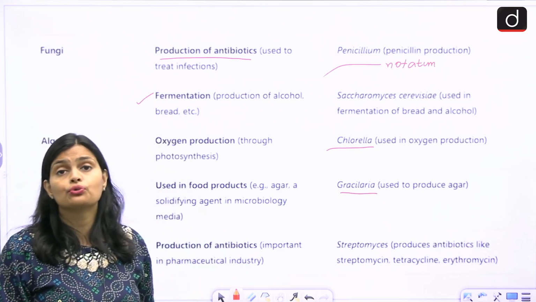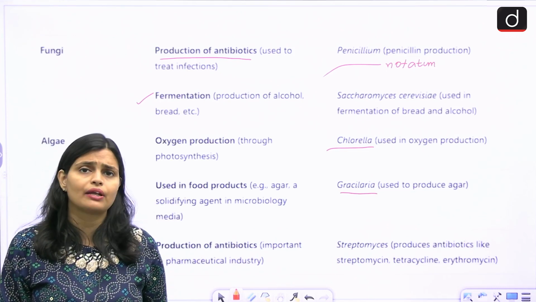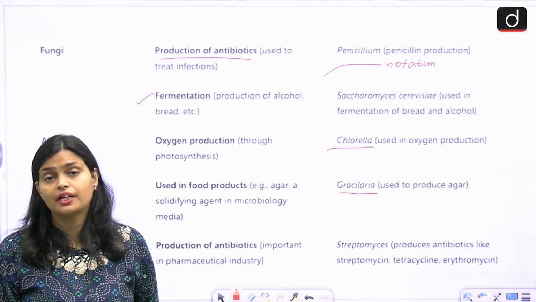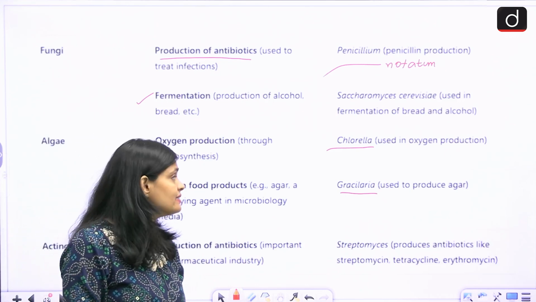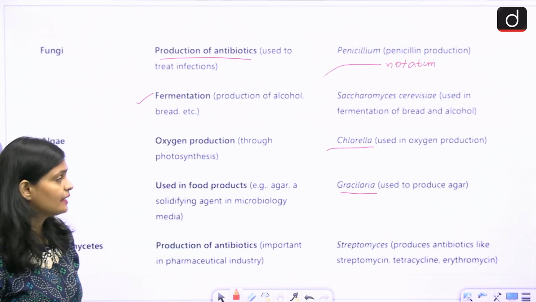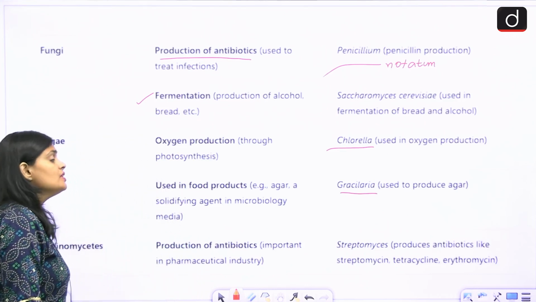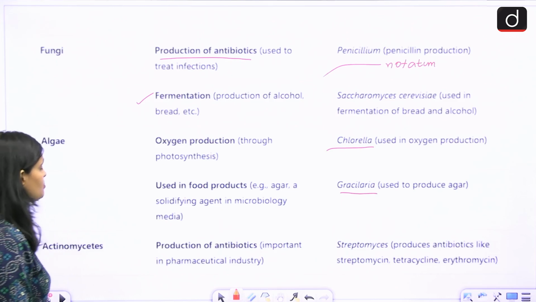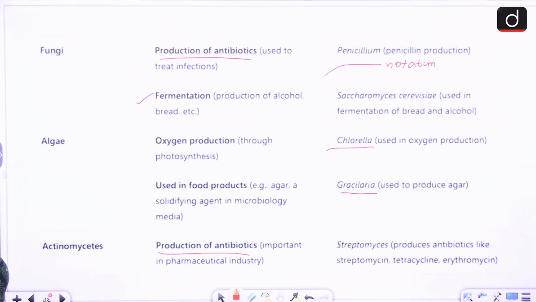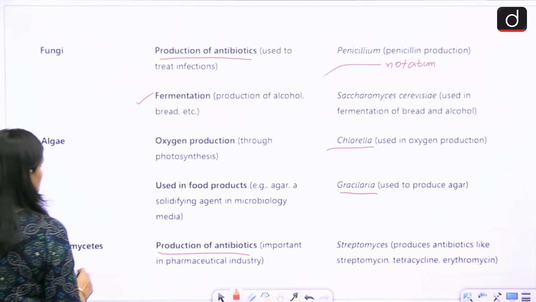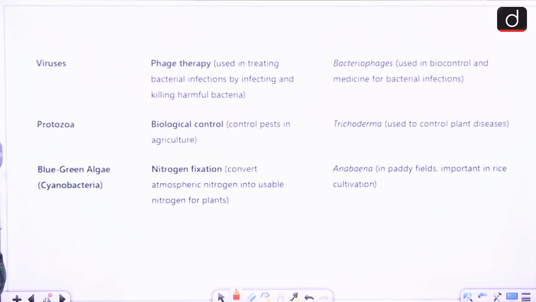If you want to grow microorganisms artificially, you have to prepare a nutrient media from that. So Gracilaria can be used as agar. Then we have streptomyces, used in the production of antibiotics like streptomycin, tetracycline, erythromycin. These are antibiotics produced by streptomyces, which is an actinomycete.